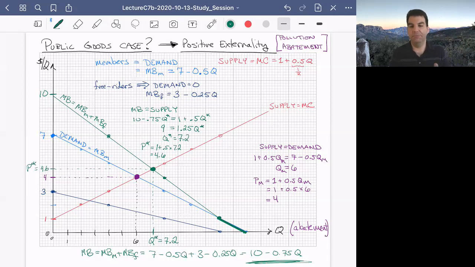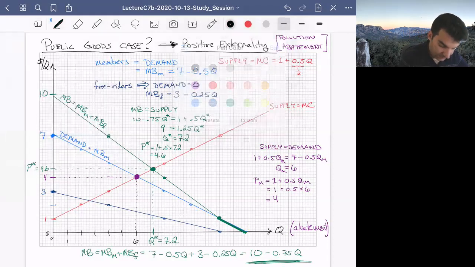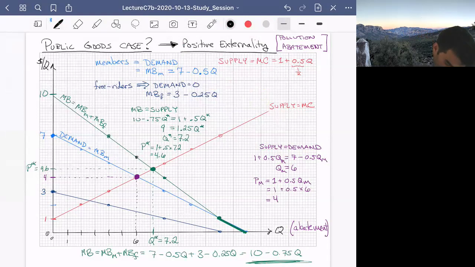All right, so the only other point that I'm interested in here, that I'll possibly need to calculate, is this point up here, which represents the total marginal benefit that I'm getting at the market equilibrium of Q. So I'll remind us that this is the market equilibrium.